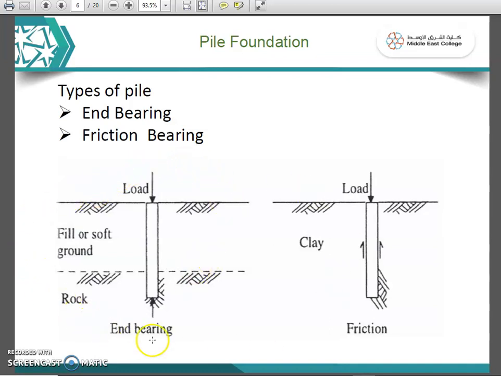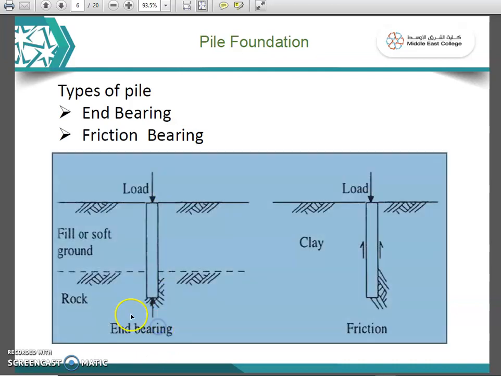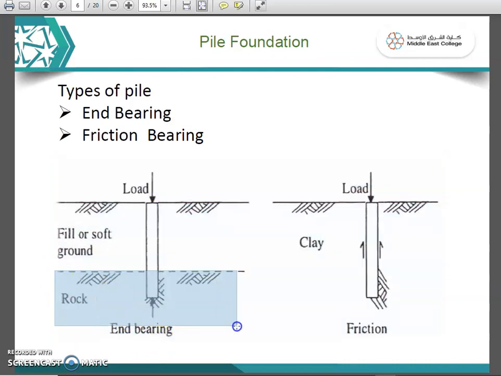I can simply explain this. If you take this diagram, you can understand that this is the pile. You can see the screen now. This is the pile. Here the load is applied, and when the load is applied in this direction, the resistance is coming from the opposite direction. You can see the resistance is coming from the surface, which is rock.